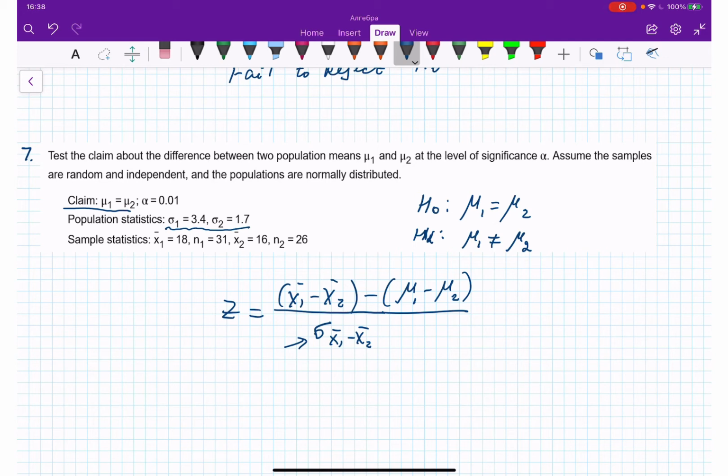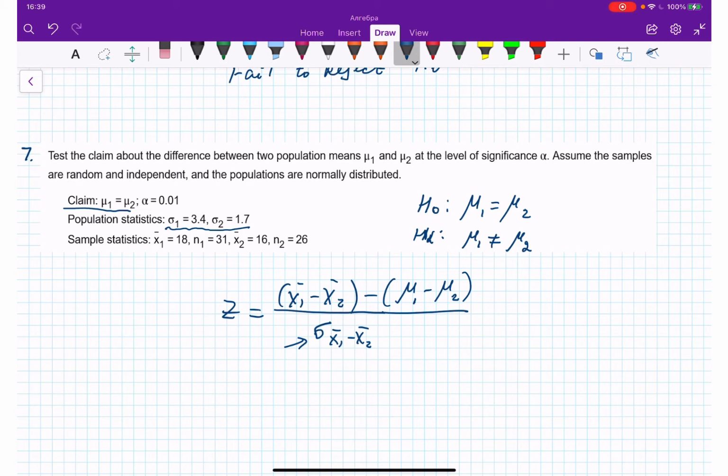Okay, so I'm going to plug the data. Sigma 1 is 3.4. Plugging in sigma 2, I have 1.7. N1 is 31 and N2 is 26.